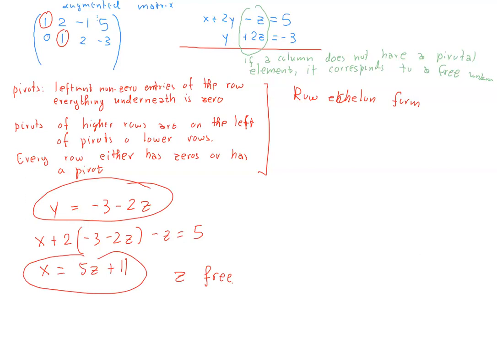Let's do one more. I will give you the solved system. So when you have the row echelon form, that's when the system has been solved. And then I'll show you how to bring it to the row echelon form. So do this one, please.